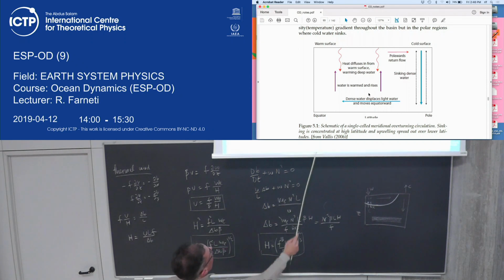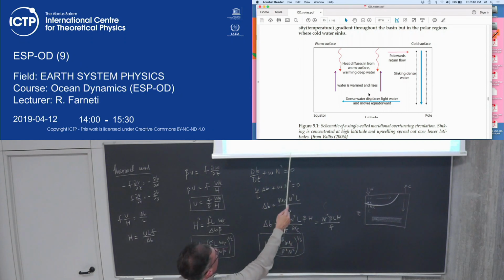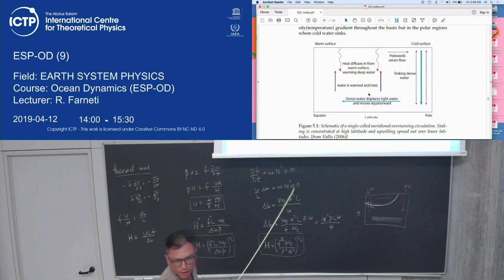And then when it reaches this region where you have warm surface water, there is heat diffusion that warms the cold water, and the water starts to be warmer and rise to the surface. So this is a simple diffusion argument of this single cell, just through difference in surface buoyancy flux and diffusion in the interior.